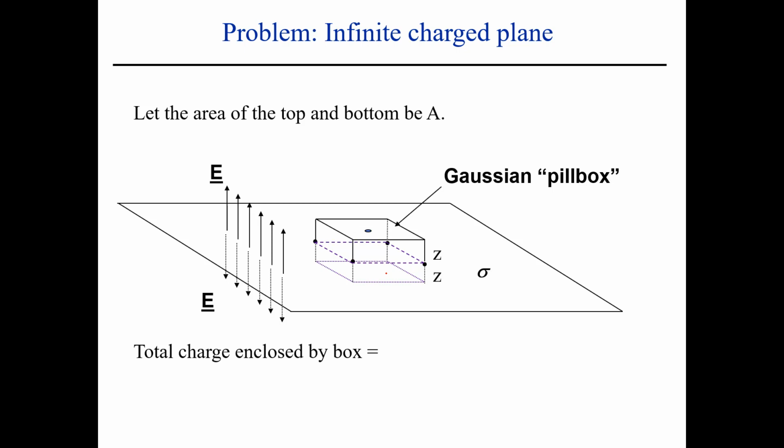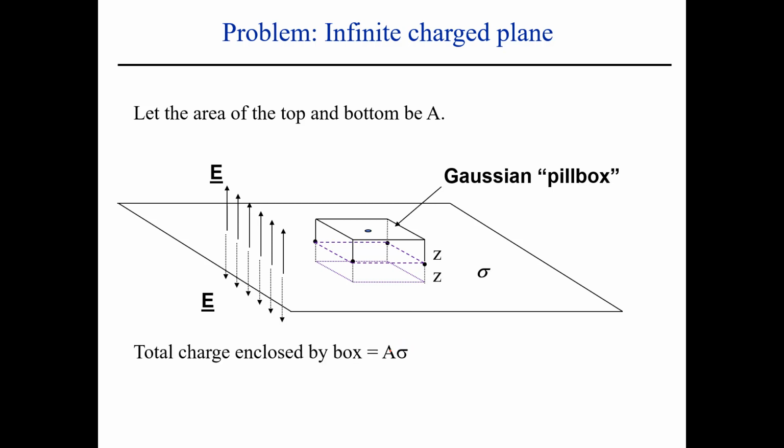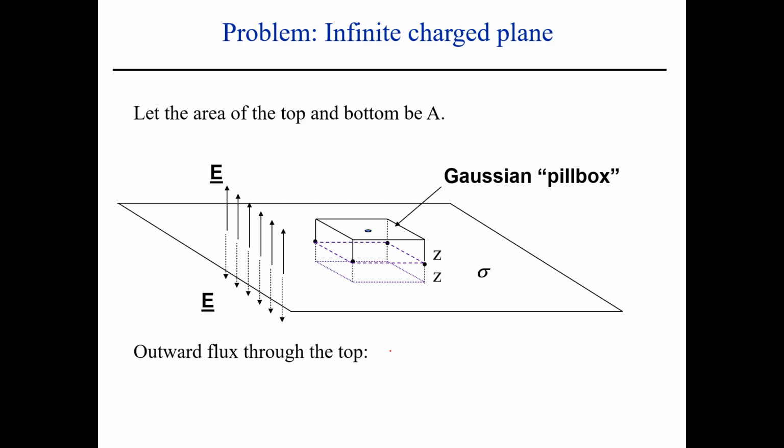So the total charge enclosed by the box is just equal to sigma times A. Okay? So it is equal to sigma times A. And then you have two surfaces. The outward flux through the top: here you have flux going up, and the area vector is also going up. Okay, so you have a positive flux.